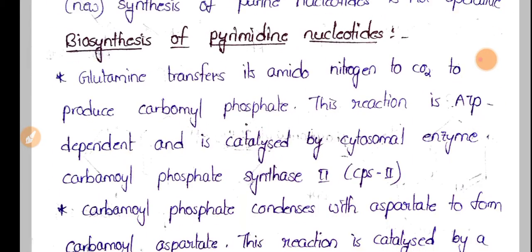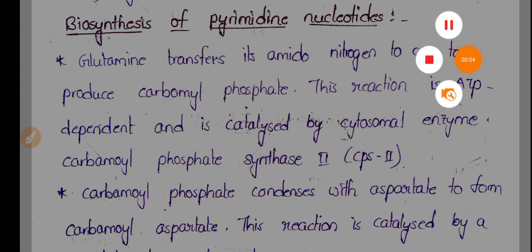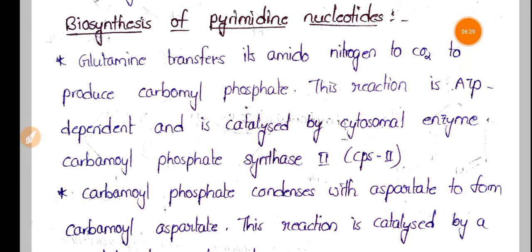Now let's see the biosynthesis of pyrimidine nucleotides. In the first step, glutamine transfers its amido nitrogen to carbon dioxide to produce carbamyl phosphate.